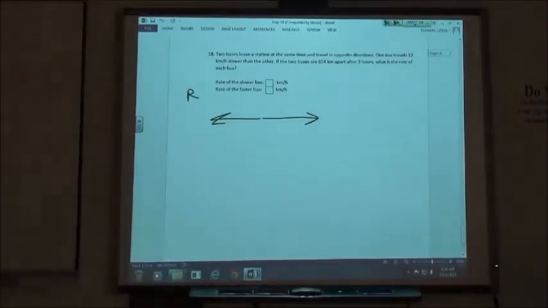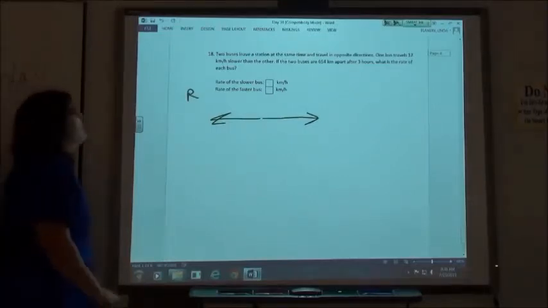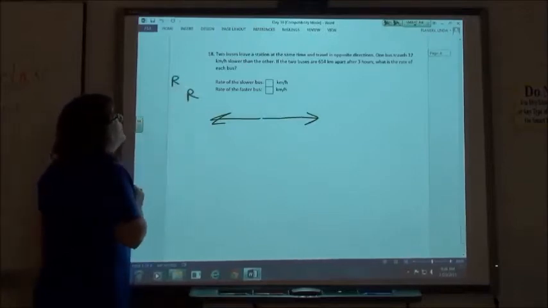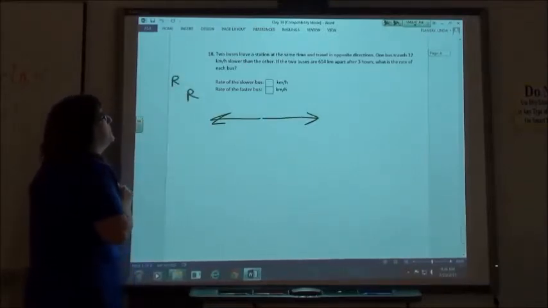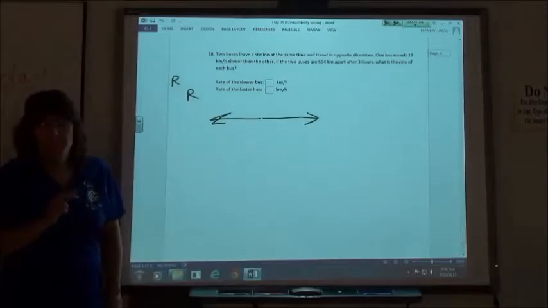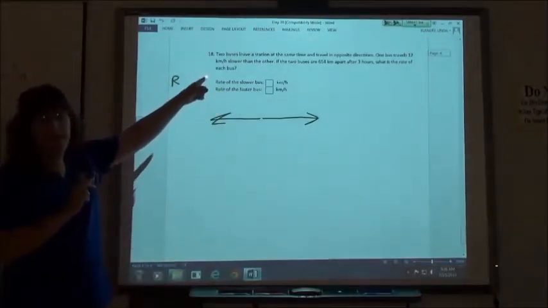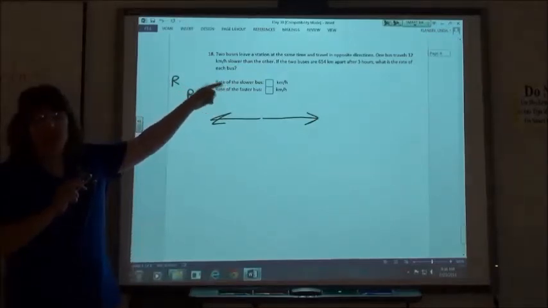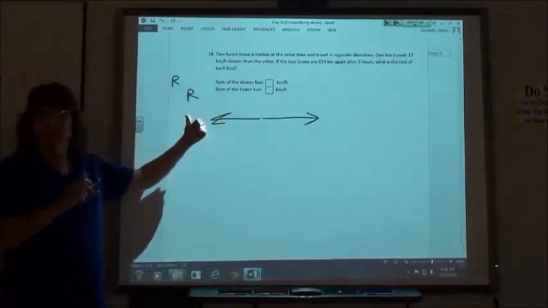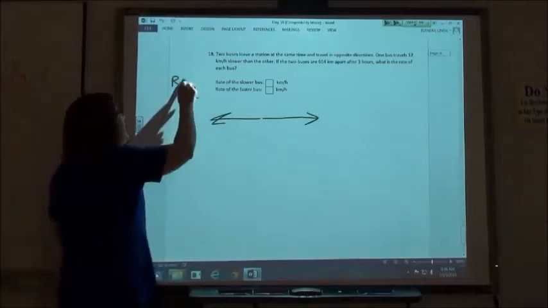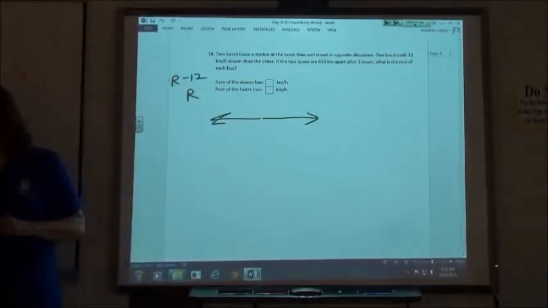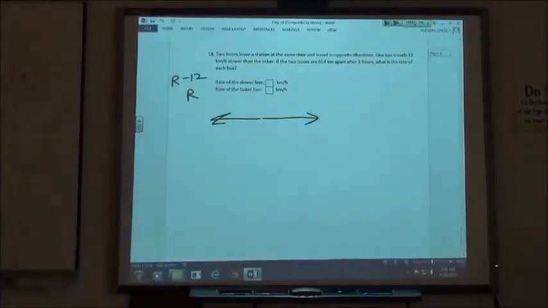The other one's going to be r minus 12, right? It's going 12 kilometers per hour slower. And that would obviously be the slower one.